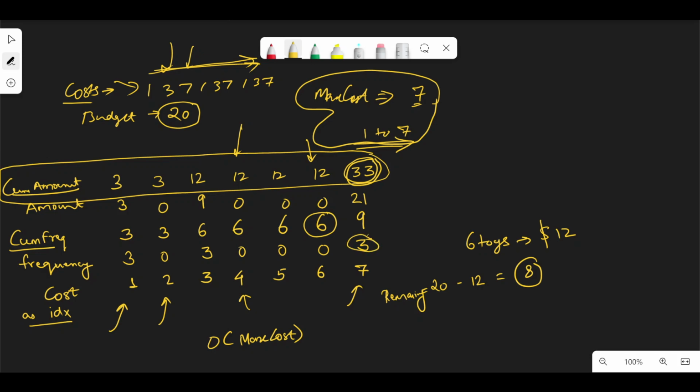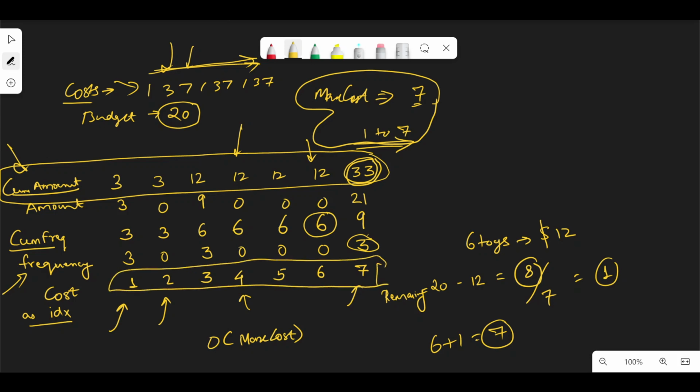But how many maximum can I buy? Well, that would be the remaining divided by the cost, right? So I can buy one more toy here. So the total number of toys that I can buy is 6 plus 1, and the answer is 7. That's another way to solve this problem. So really, in this approach, what we need is this cumulative amount and its cumulative frequency, using the costs as the index.